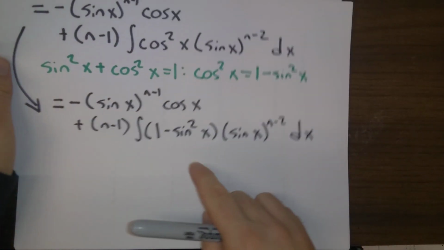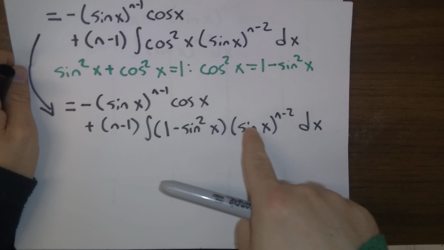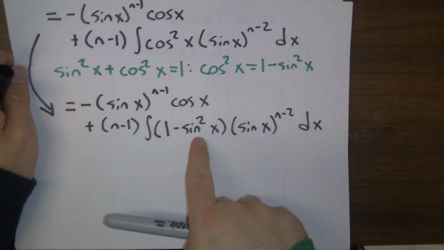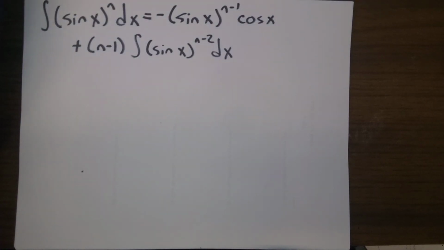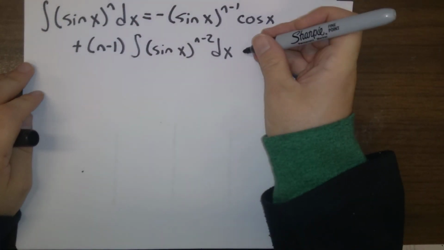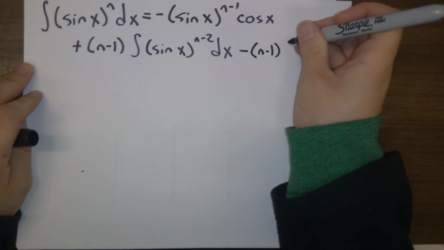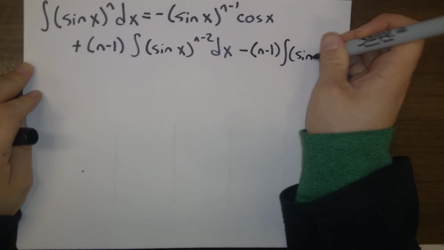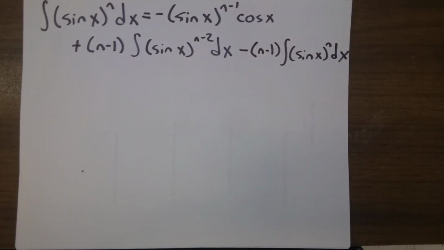And then we're going to do n minus 1 times minus sine squared x times sine of x raised to n minus 2. Sine squared x times sine x raised to n minus 2 is just sine x raised to the nth power. So there's a minus sign, n minus 1, sine of x raised to the nth power dx.